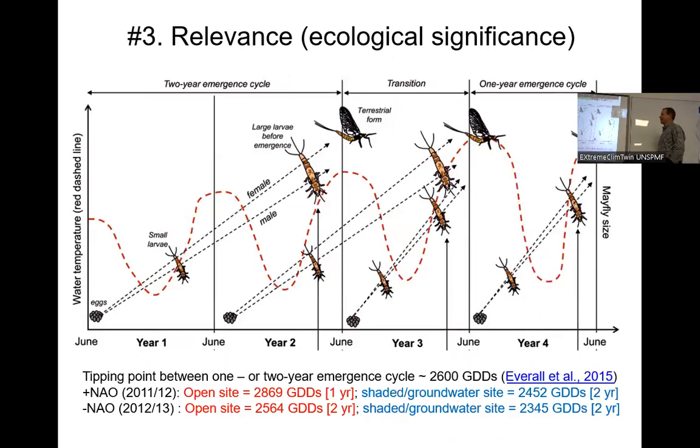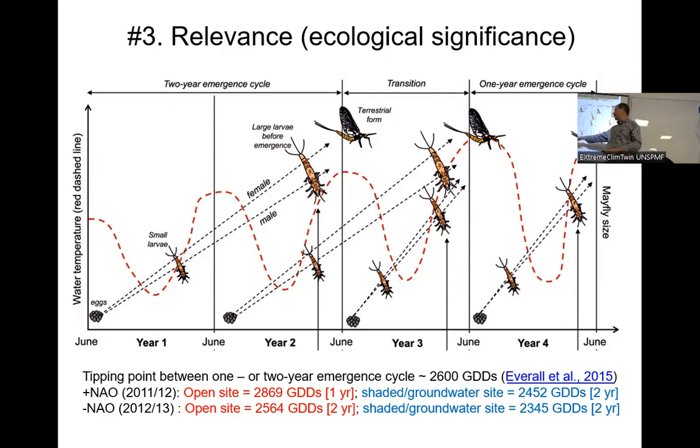How relevant is it? Well, water temperature, as I've already indicated, has a really strong influence on freshwater ecology. For instance, during warm years with warmer temperatures, the mayfly may only take 1 season to mature, hatch, and then fly off.